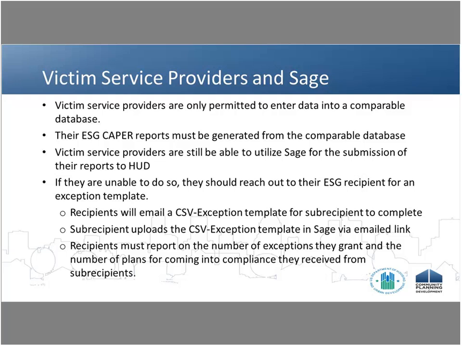So this is a workaround that is meant to be a one-time option, and there's still the full requirement for DV providers to be working towards CSV generation and submission by the next reporting period. Next slide, please.